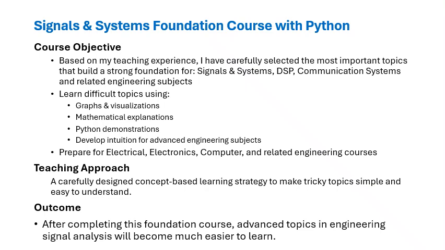Learning outcome topics are graphs and visualization, then mathematical explanation, and for some of the topics, Python demonstrations. This develops intuition for advanced engineering subjects and prepares you for electrical, electronics, computer, and related engineering courses. The teaching approach is a carefully designed concept-based learning strategy to make tricky topics simple and easy to understand.